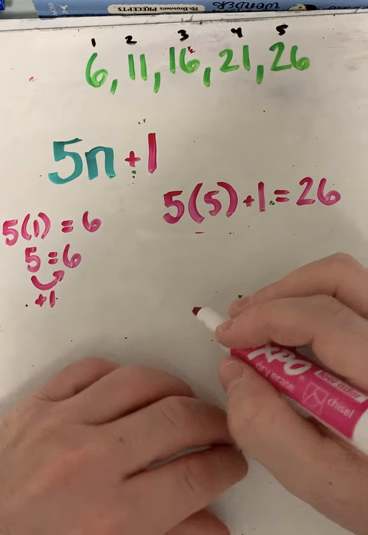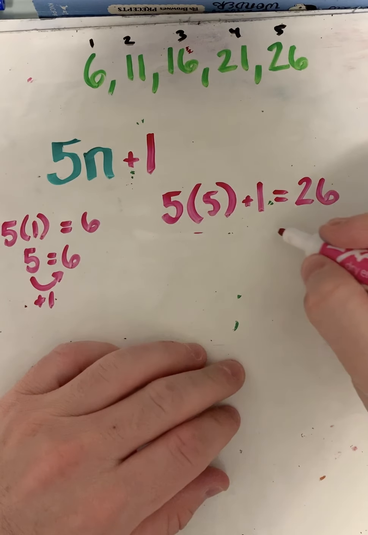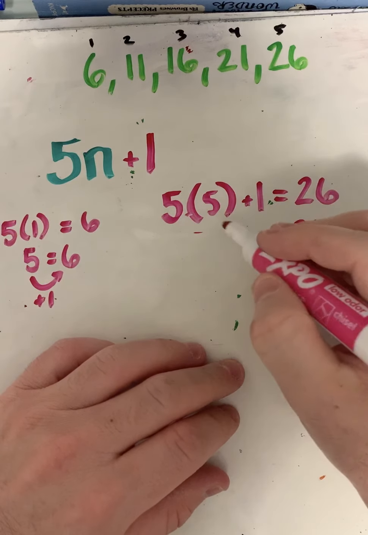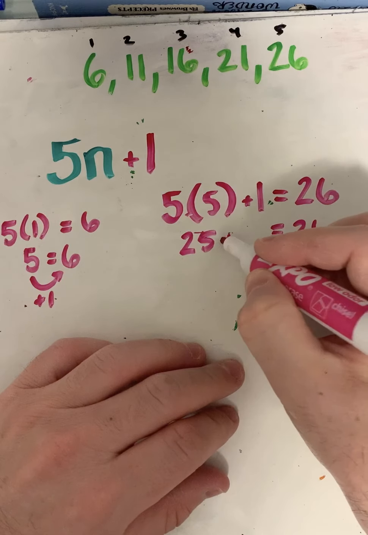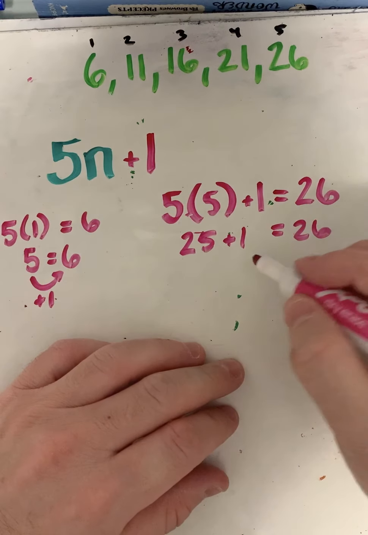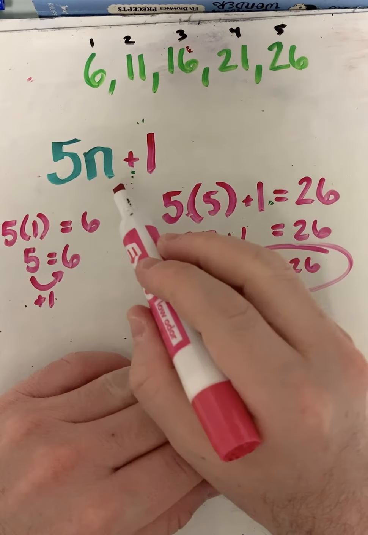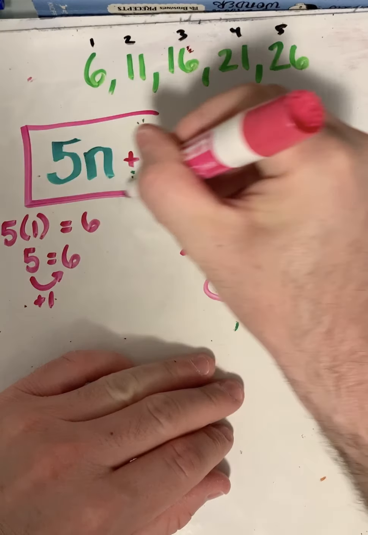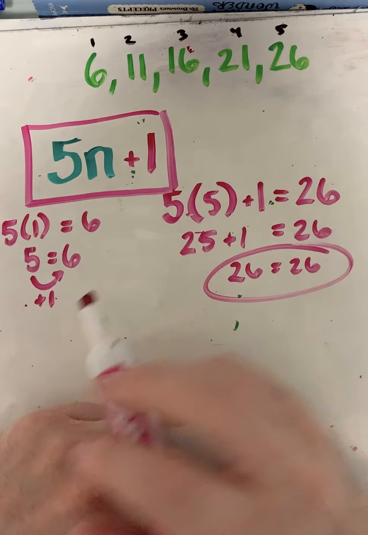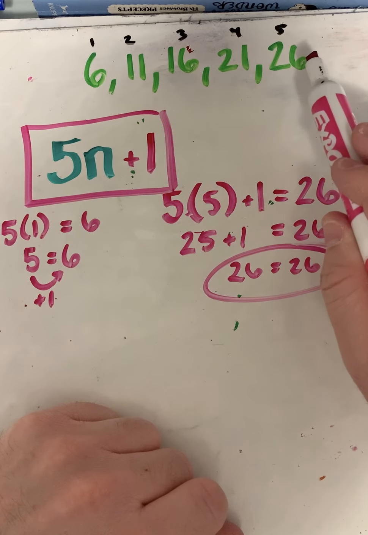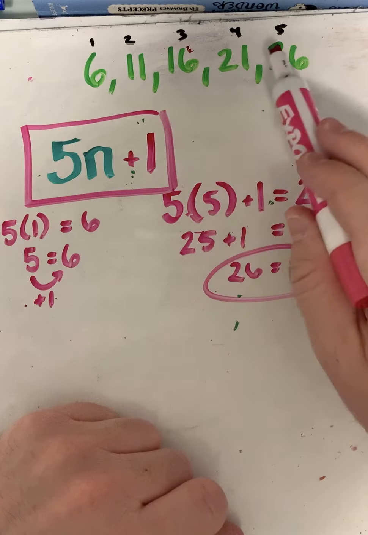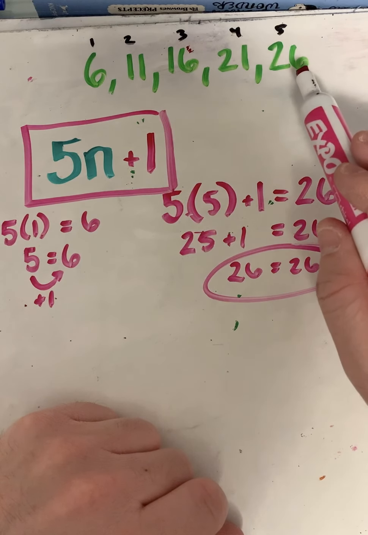Now we do the math. 5 times 5 is 25, plus 1. 25 plus 1 is 26. This is the correct pattern rule to describe this growing pattern. So 5n plus 1 describes this growing pattern.